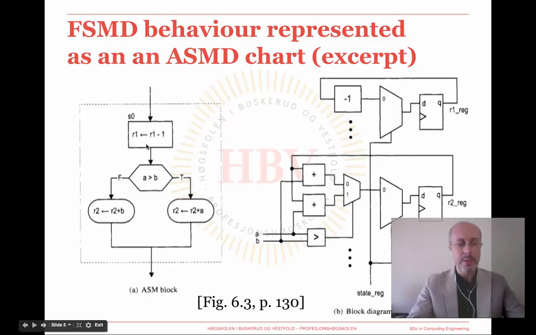The state box decrements the content of register R1. The decision box compares two operands A and B, and the two conditional output boxes update the content of register R2 according to the result of the operation performed in the decision box.